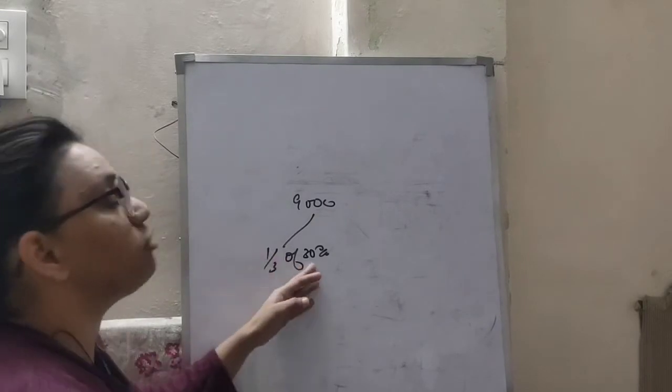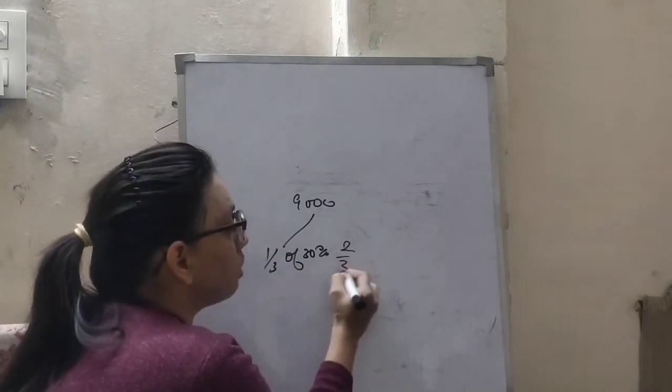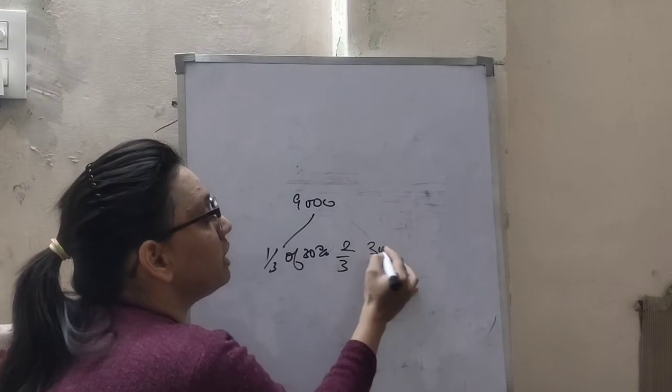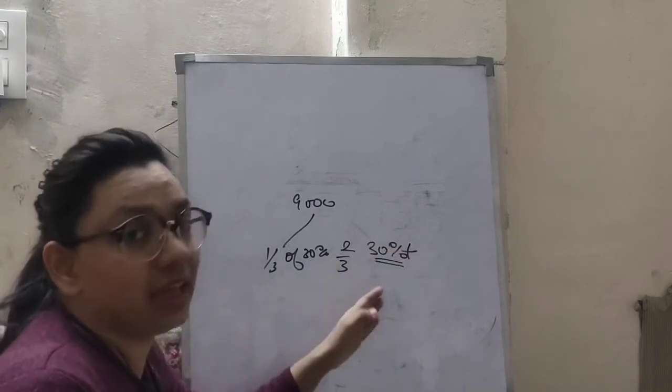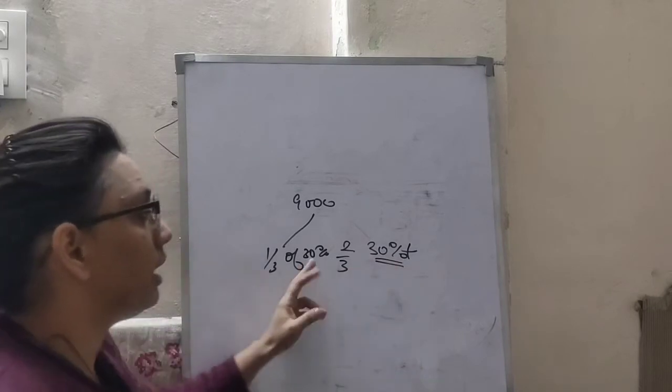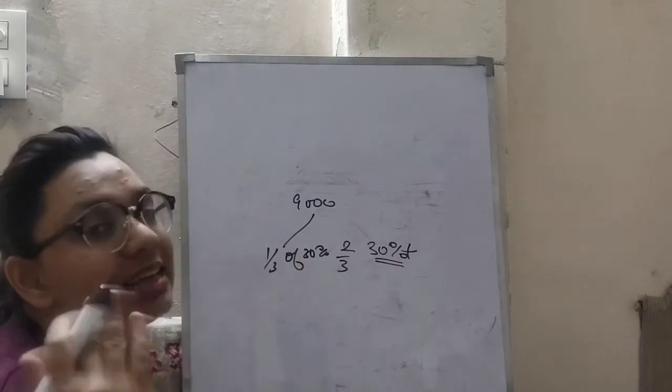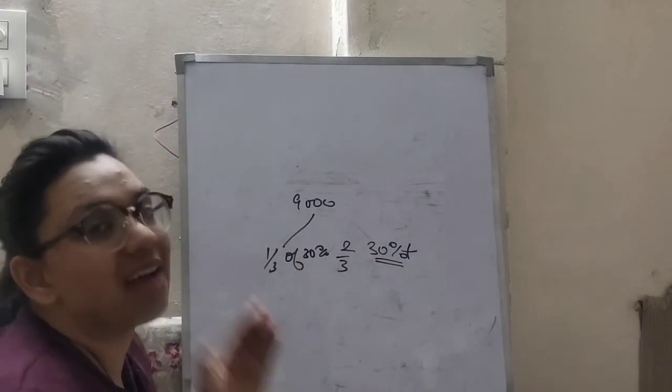That is, on the 2/3 part he should have a gain, so that this loss is covered and he is neither having a loss nor any gain.